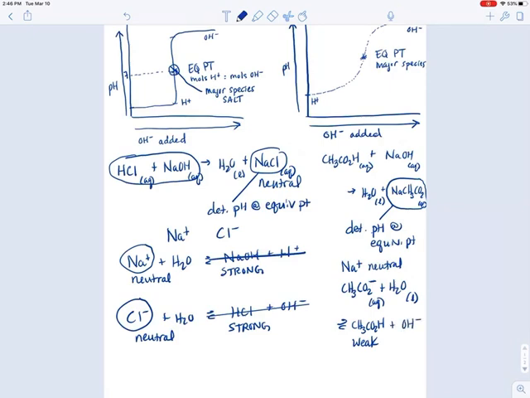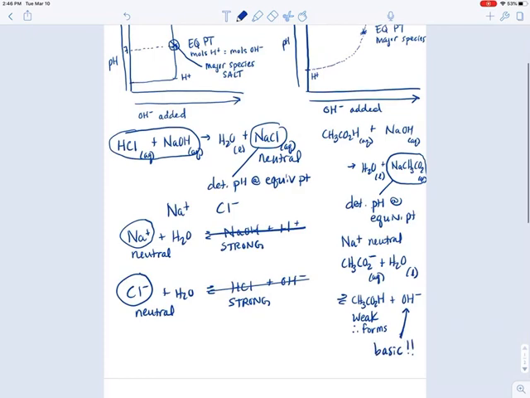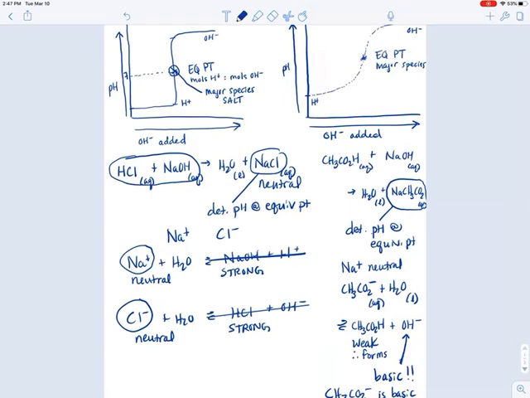And since it's weak, therefore it will form, and hydroxide is generated. Therefore, this ion is basic. Okay, the CH3CO2- acetate is basic. So the entire salt is basic then, since the sodium component is neutral.